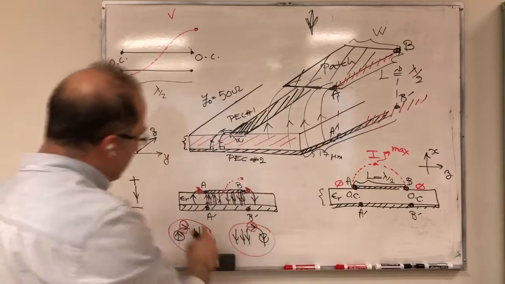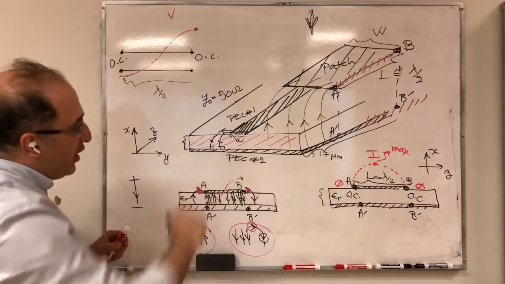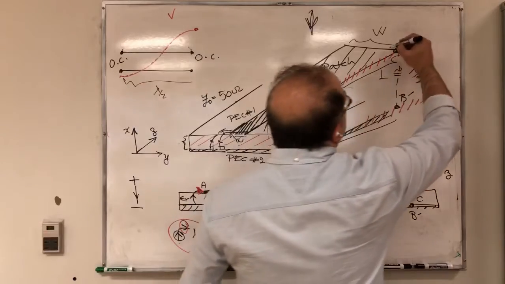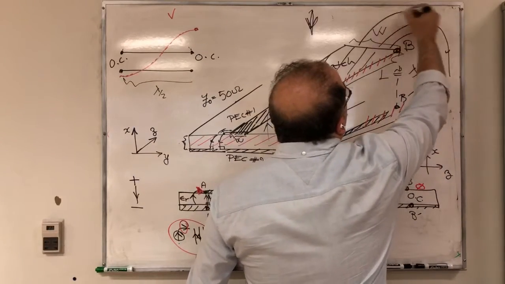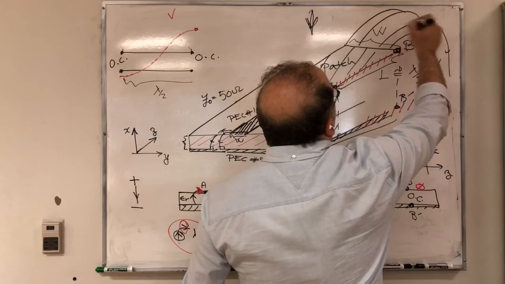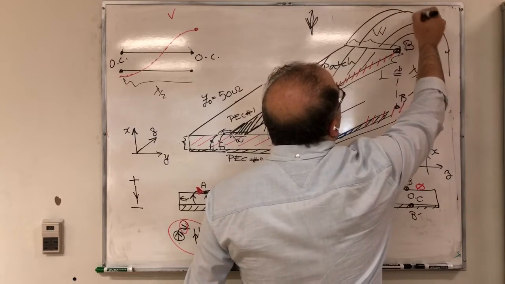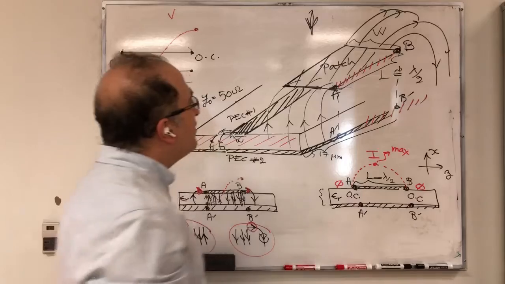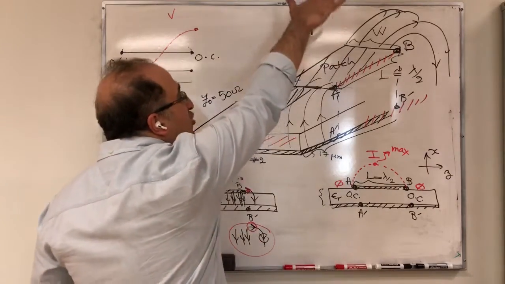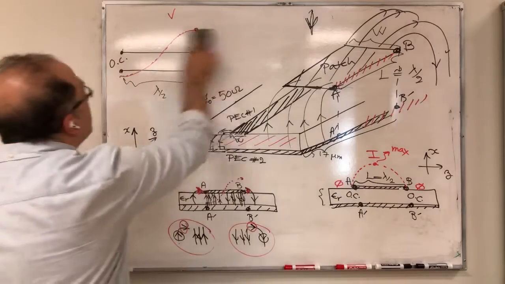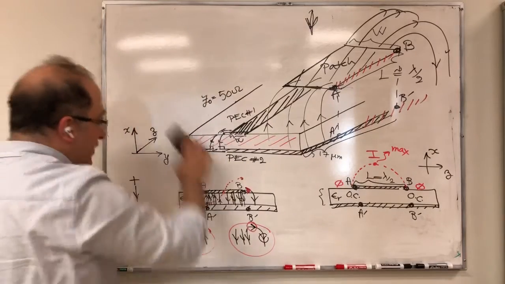So this is this fringing effect, and on the other side you have a similar situation like this. Now let's look from the top. If you look from the top, then what do you see?